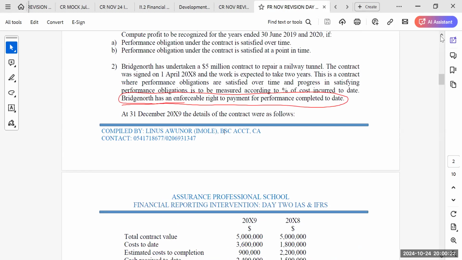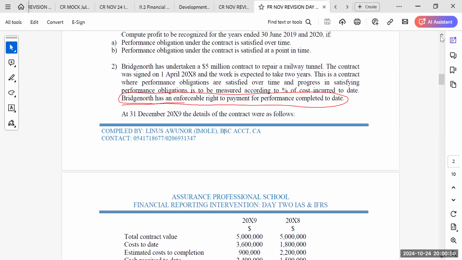You see, the question can tell you that this contract is where performance obligations are satisfied over time, and progress in satisfying performance obligations is to be measured according to percentage of cost incurred to date. And the question can further tell you that the entity has enforceable right to payment only after the customer has accepted delivery of the item.